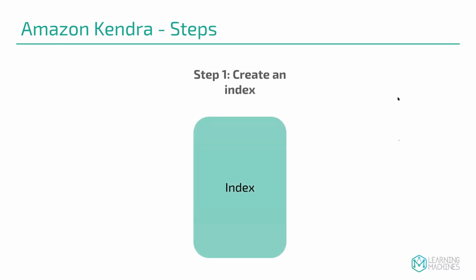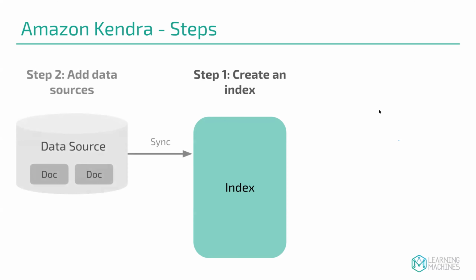Now, the steps for creating a setup is quite easy. You would start by creating what is called an index. The index is basically the central repository for storing the data and giving you access to the different machine learning models. And so you would start by setting up an index. Once you've set up an index, you would then add your data sources, so the different data sources that I've just mentioned, and you would then execute a syncing operation.